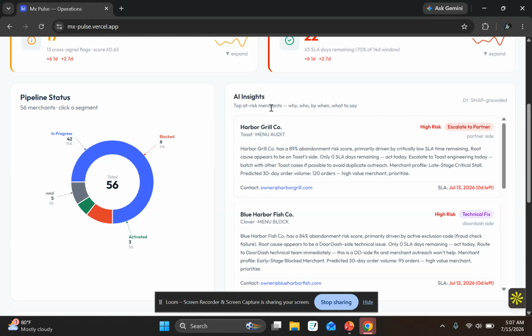It provides details on who to contact, what to say, and why. So, the AI Insights panel considers all the trade-offs between various signals produced and gives a list of merchants to work on for the manager without needing to refer to any other metric.